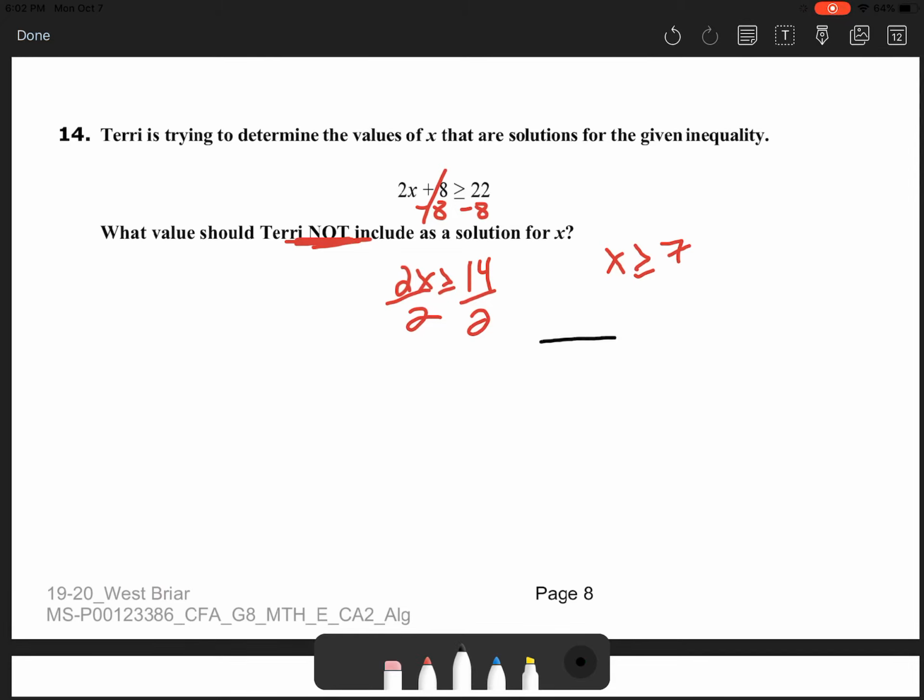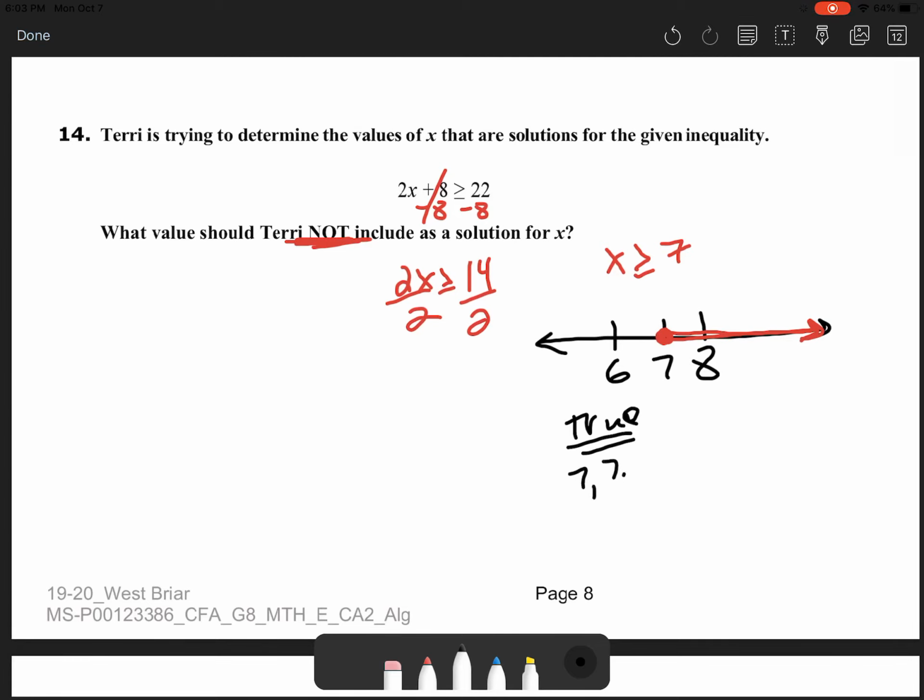So graphing this, all right, I have 7, I have 8, and I have 6. Oop, hold on. I switched. This is going to be 6, 7, and 8. Okay. 7 is included, all right, and it's going to the right, right? So now, all of the possible values that would be true would be any value including 7.